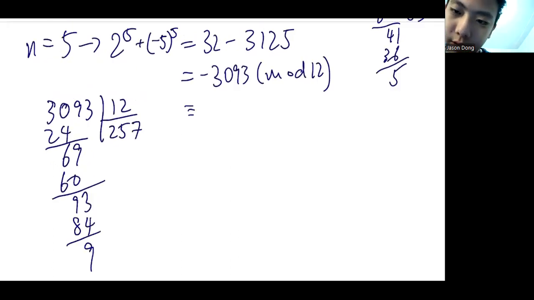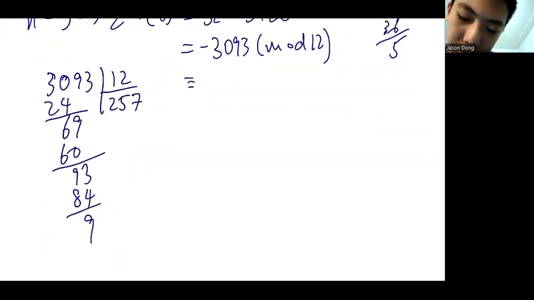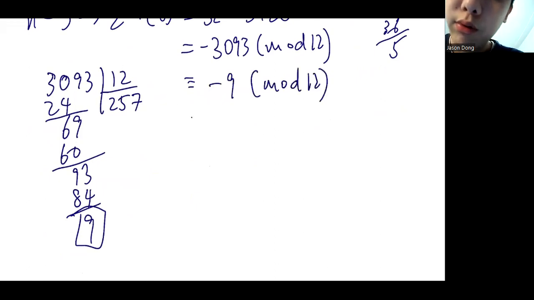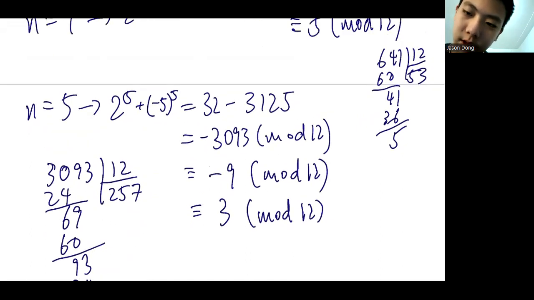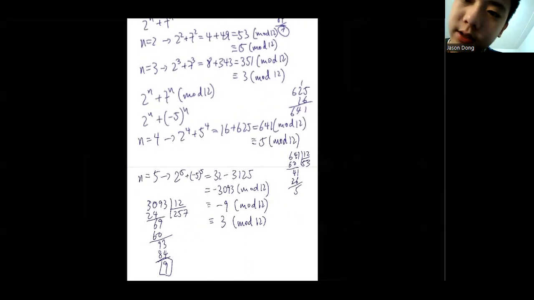So having a rest of 9. So if we have a rest of minus 9, so we're having a rest of minus 9 mod 12. So that'll be congruent to 3 mod 12. So again, as I thought, here we have a 5, and then we have a 3, then we have a 5, and then we have a 3.